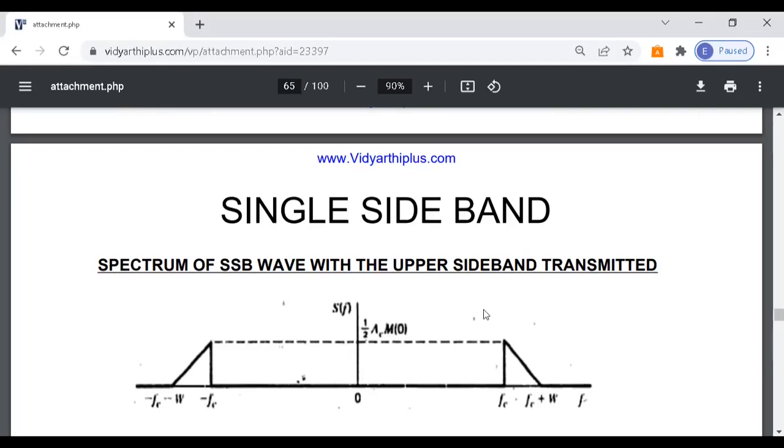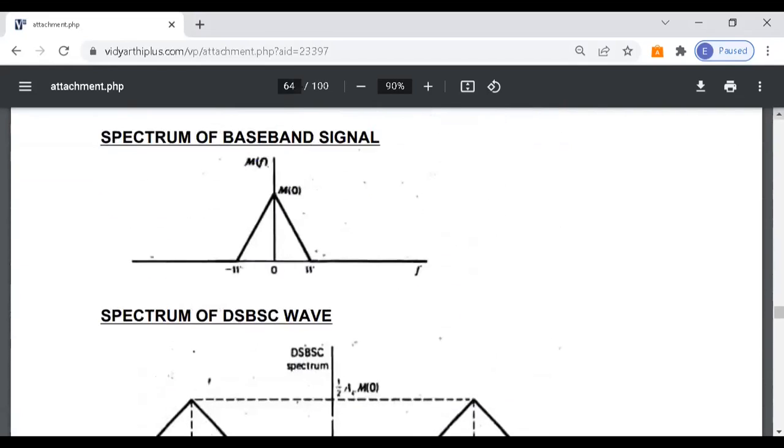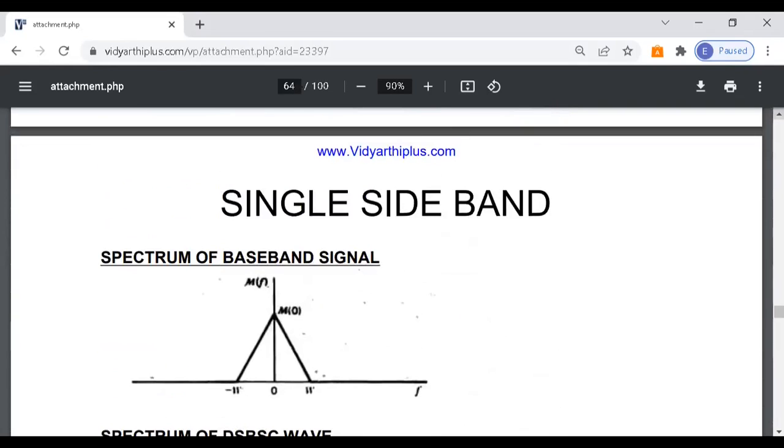So look at this. Look again. This is your spectrum of baseband signal. This is what you want to transmit.